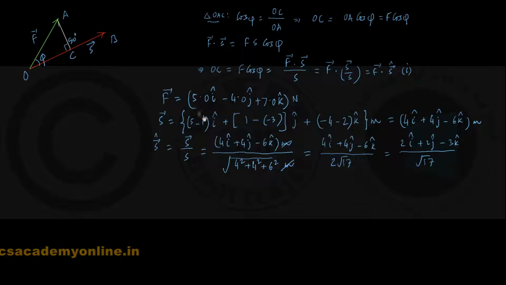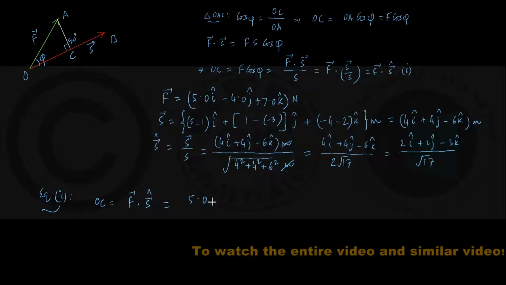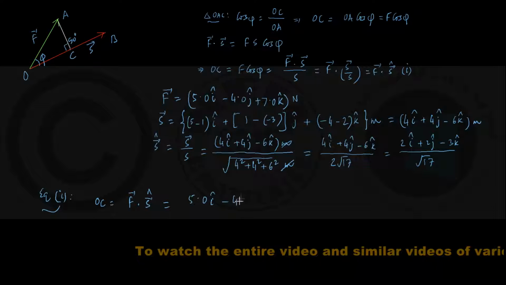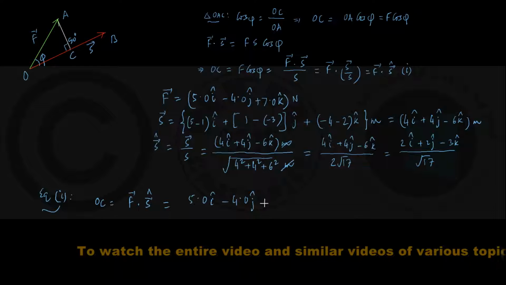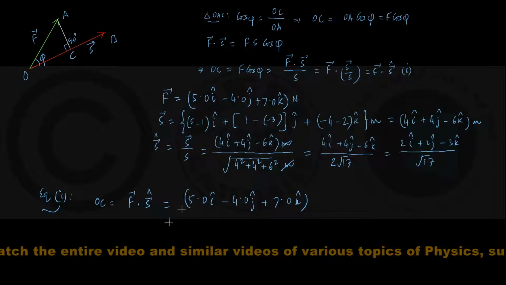So once we have got both the force vector and the unit vector in the direction of displacement vector S cap, we can return to equation number 1 and write down that the component of force vector in the direction of displacement vector OC is given by force vector dot S cap. Putting the values now, 5.0i minus 4.0j plus 7.0k, this is the force vector.